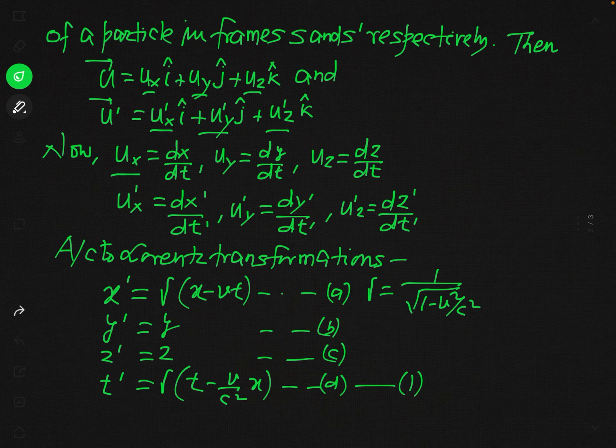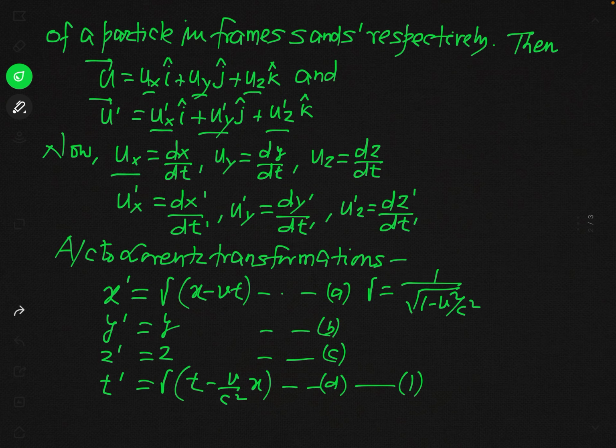And when we measure the position of the same particle in frame S prime, the positions are x prime, y prime and z prime. And when time is measured in this frame S prime corresponding to t, that time is t prime. Relativistically, t and t prime are not the same, as you have seen in the Lorentz transformation equations.